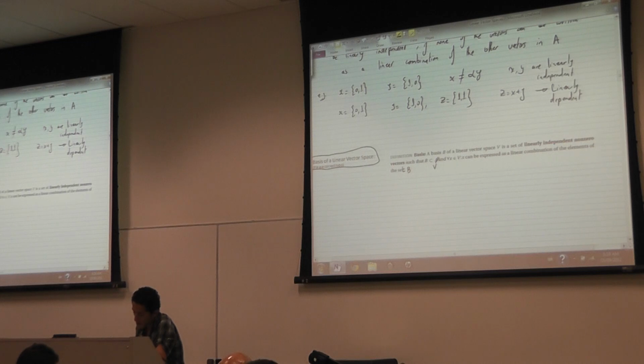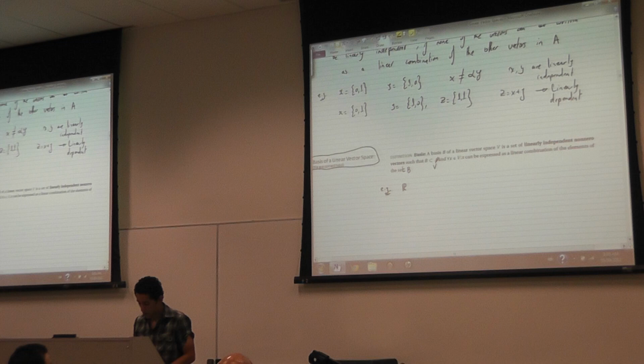A basis set of a linear vector space is a set of linearly independent non-zero vectors in V such that any vector in that vector space can be represented as a linear combination of the elements of that set.